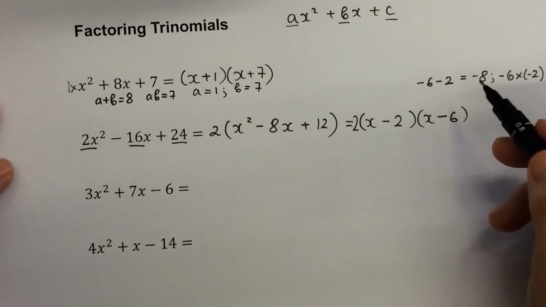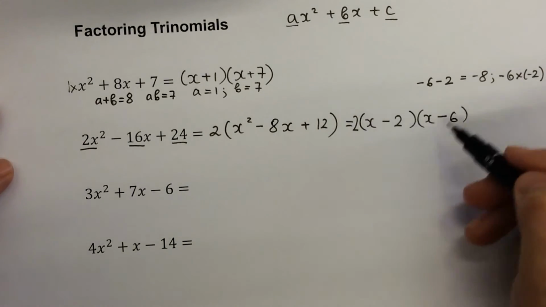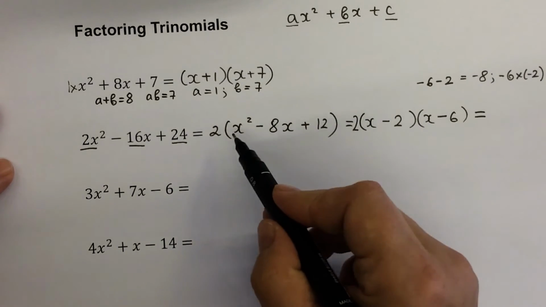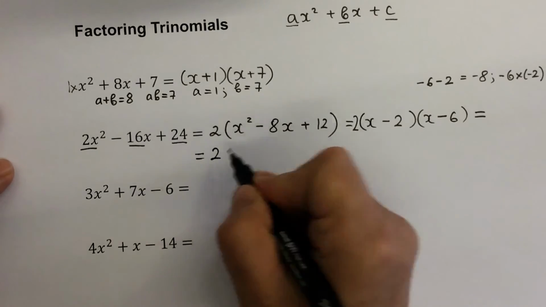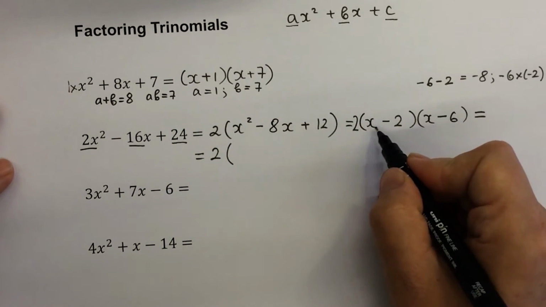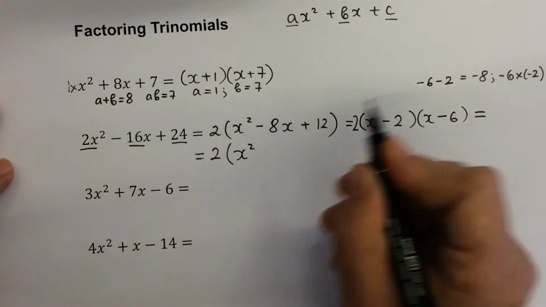Let's check. How do you check whether or not you factorized correctly? I will go back to this form. So I'll rewrite 2 and expand those brackets and see what happens. x times x gives me x squared.